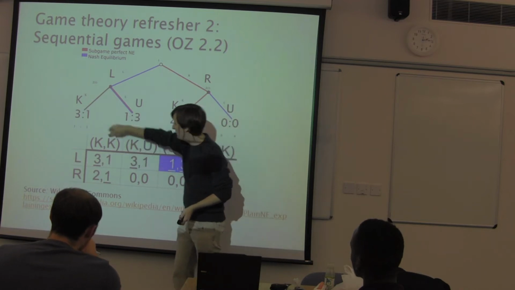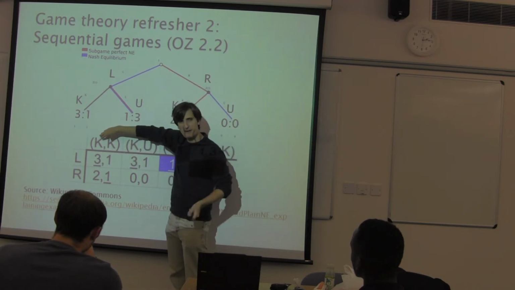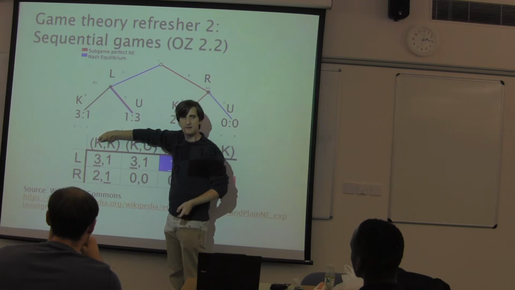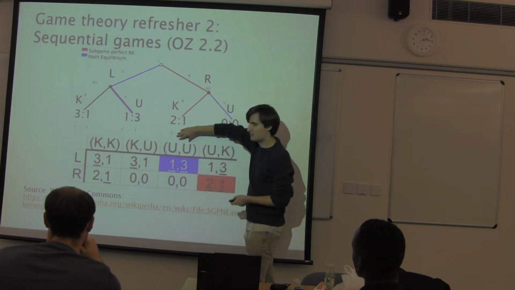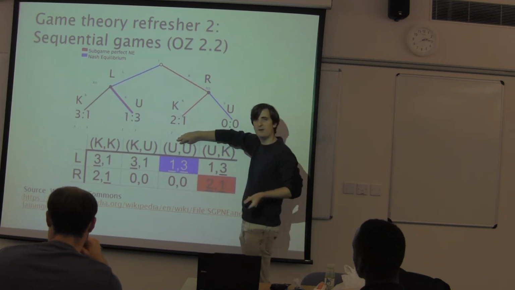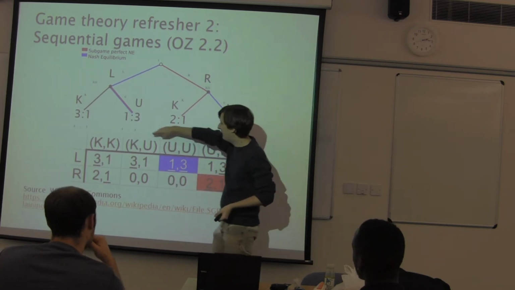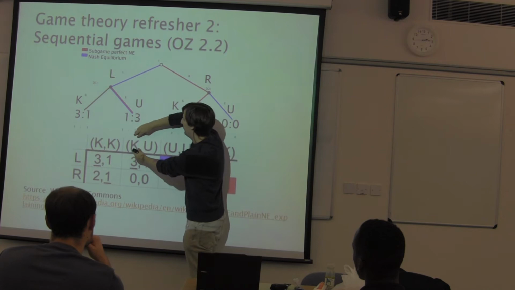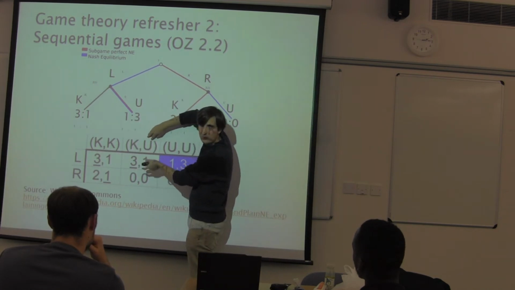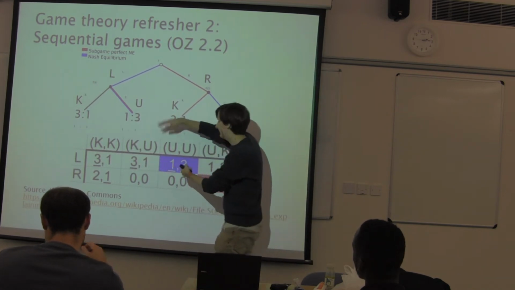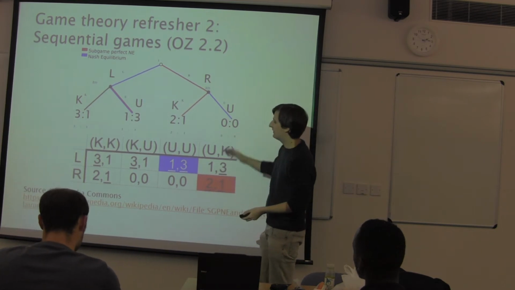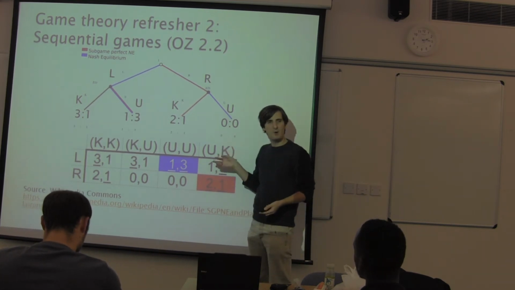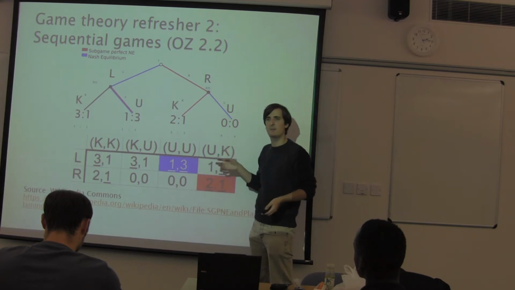If they choose this strategy, they're committing to play K no matter what player 1 does. If they choose this strategy, they're committing to play U no matter what player 1 does. And here they're committing to play K if player 1 plays L, and U if player 1 plays R, and so on. So we're just imagining that somehow player 2 can make these commitments.